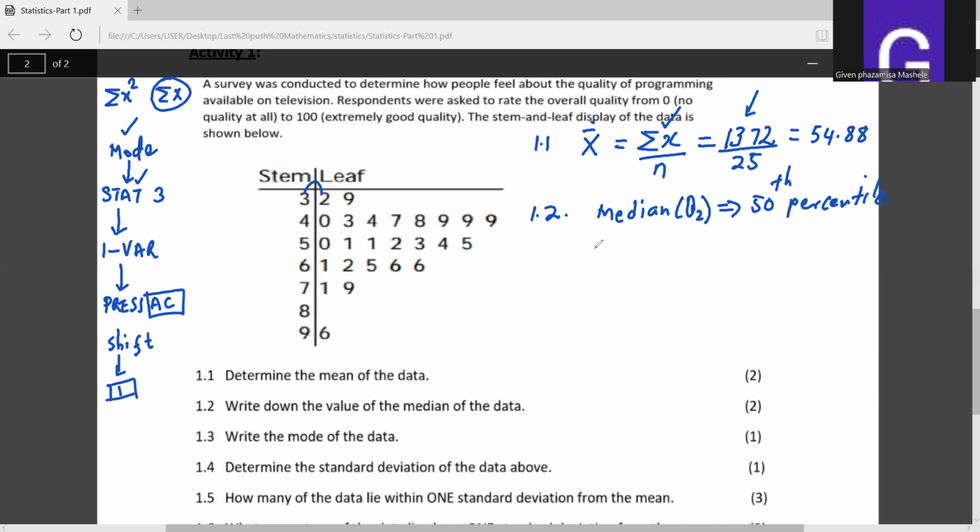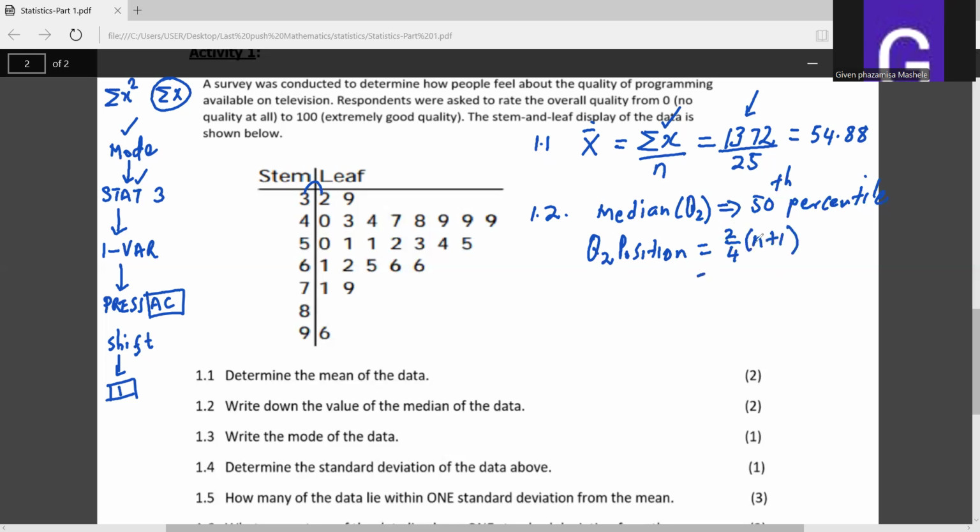So first of all, we need to calculate the position for quartile 2, which, since we have a 2 here, will be 2/4 multiplied by n plus 1.